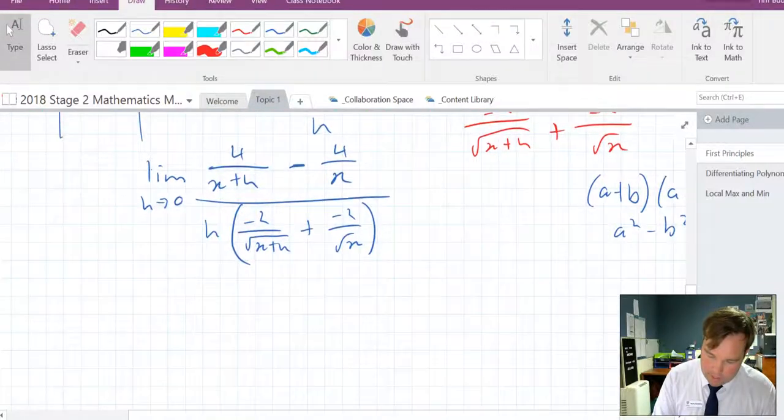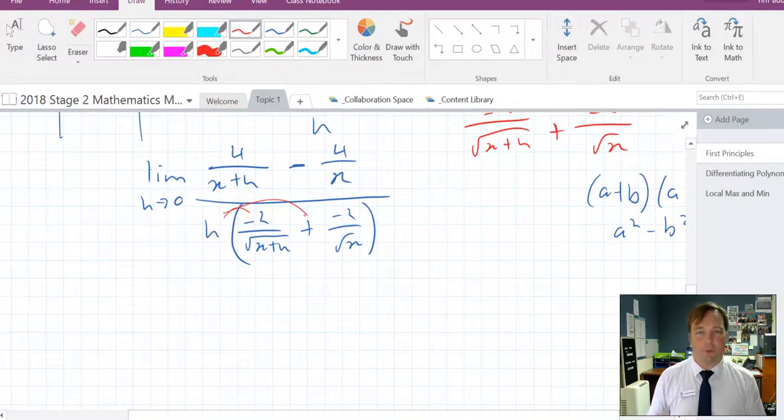Now, some of you are probably thinking, this h can be expanded in there. It can, and you're right, but we don't want to, because we want a common factor of h on the bottom, because eventually we're going to cancel it.